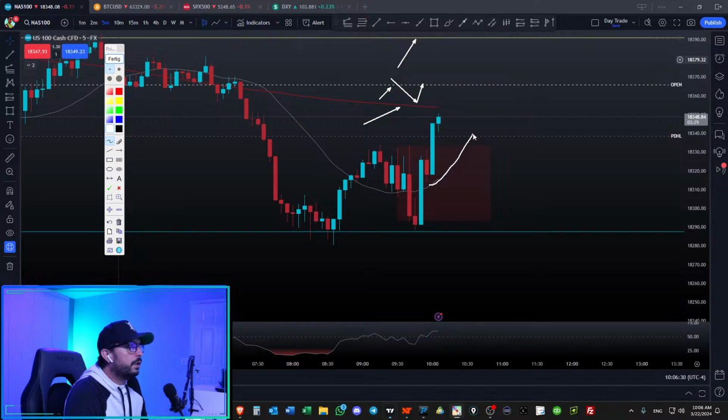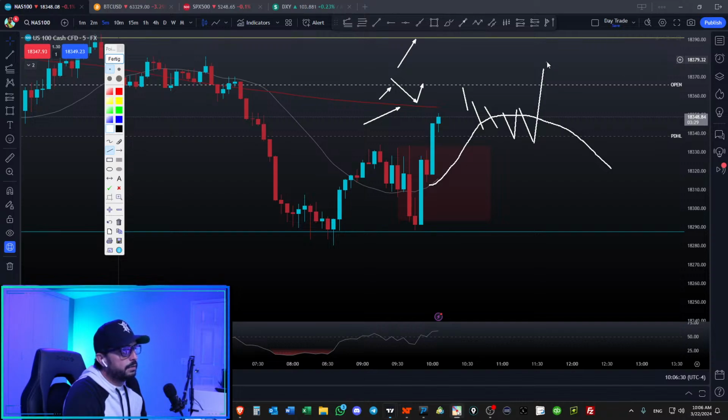Moving average to come, price can do that, trap, then we enter. So it still can do all of that.